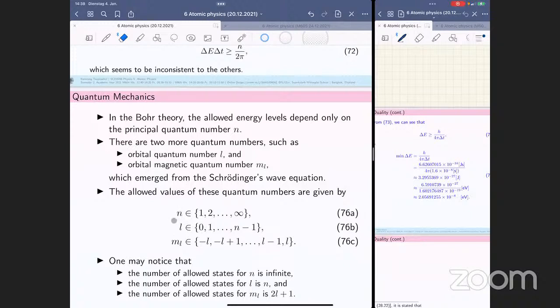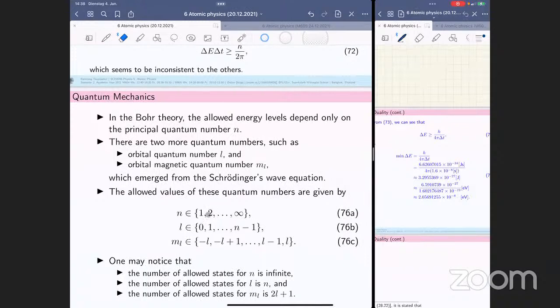You have to pick n first, the main number in the quantum state, and after that you can get the value for L. L may not have only a single value. For example, if n is 1, you have only a single value for L, which is 0, because n-1 is 0. So there is only a single possible case for L in this scenario.